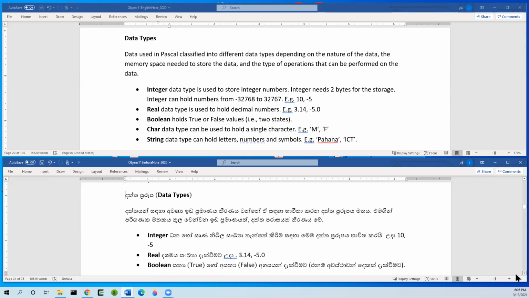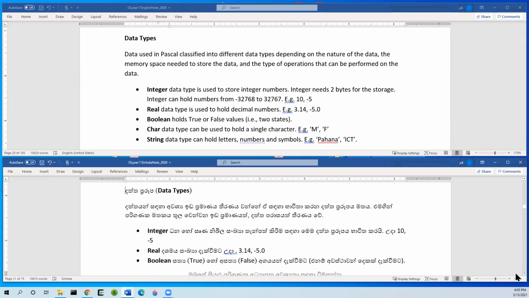So for any variable, you have to define, you have to provide a name and you have to provide its data type. So in data types, we discuss what kind of a data it is.